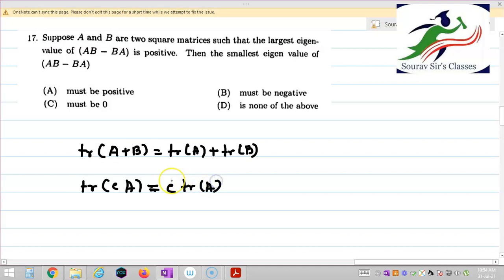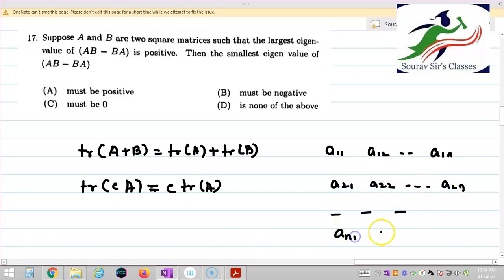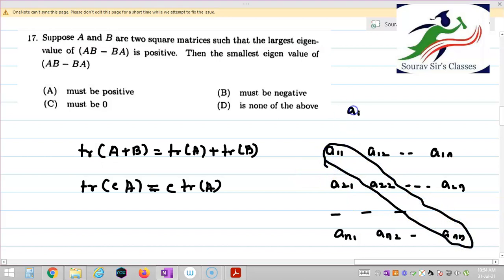If you don't know anything about trace, let me tell you that trace is the sum of the principal diagonal. If this is the matrix A with entries A11, A12, up to A1n, A21, A22, up to A2n, and so on up to ANN, then the sum of the diagonal, that is A11, A22 up to ANN, is known as the trace of this matrix.